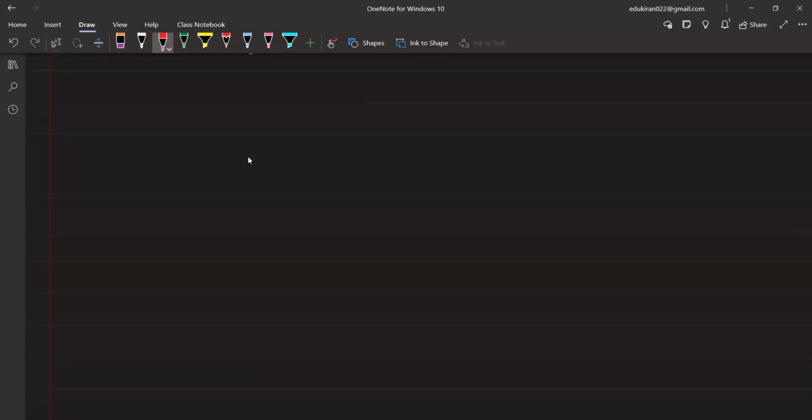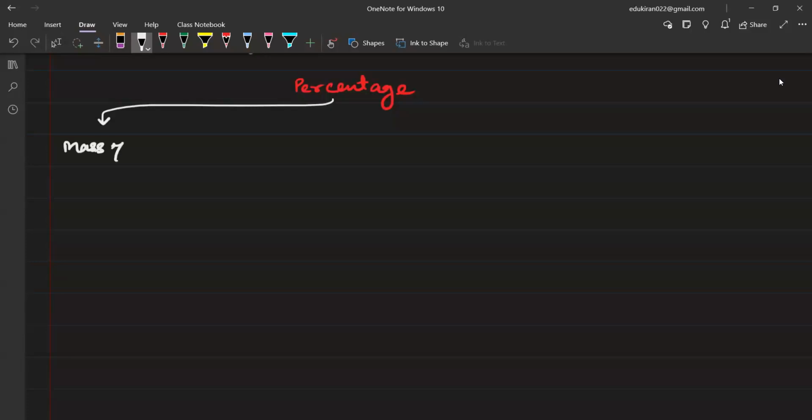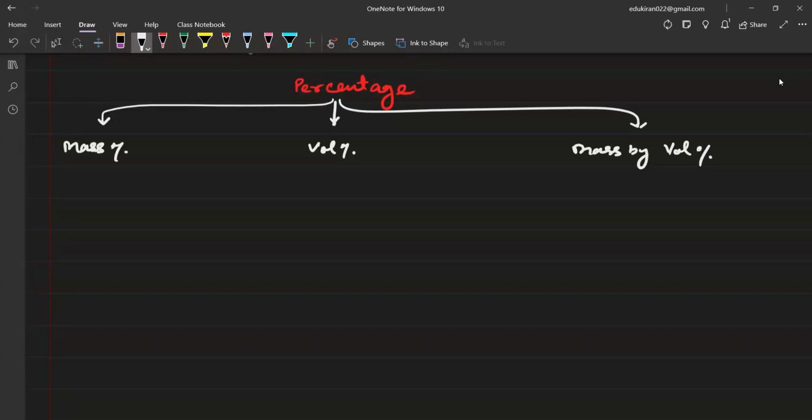Okay. Now, all the concentration terms which deal with percentage, please see here, don't write anything, whether it be mass percentage, or volume percentage, or mass by volume percentage, for all of these things, they give you some information.